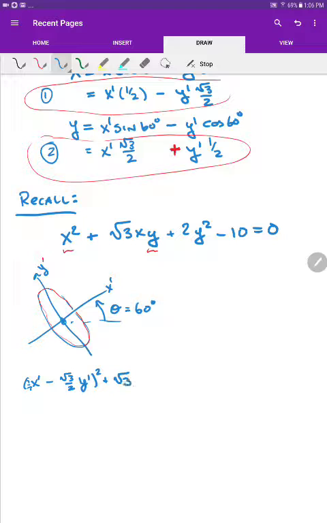I add to that square root of 3 x times y, so I'll have equation 1, (1/2 x prime minus square root of 3 over 2 y prime), times y, which is square root of 3 over 2 x prime plus y prime times 1/2. Okay, and then I've got plus 2y squared.